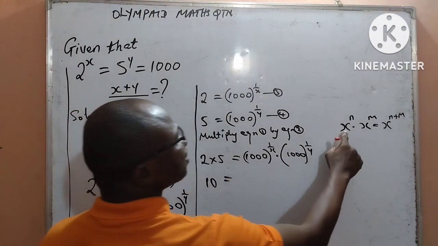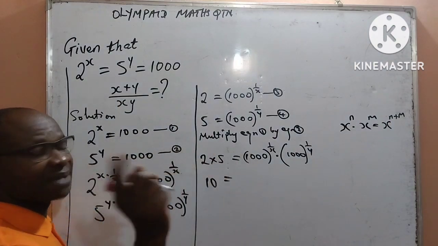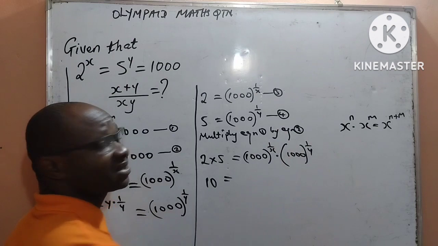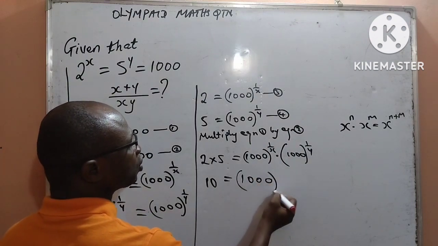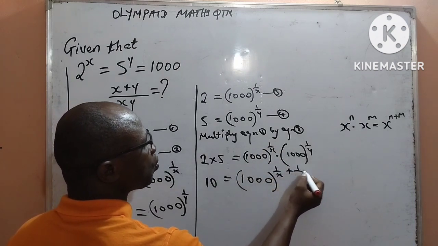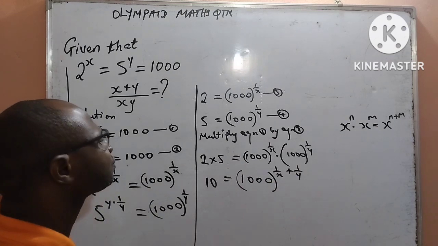Since the bases are equal, the powers should be added, and that becomes 1000 to the power of 1 over x plus 1 over y. This is very wonderful.